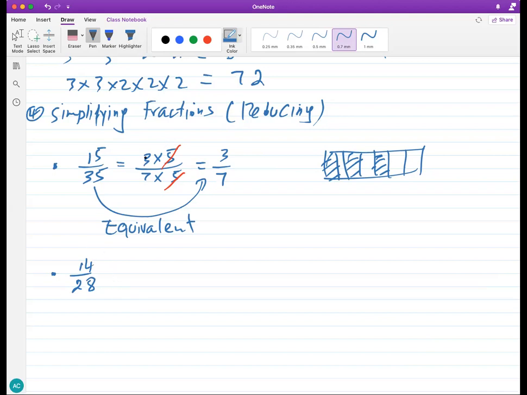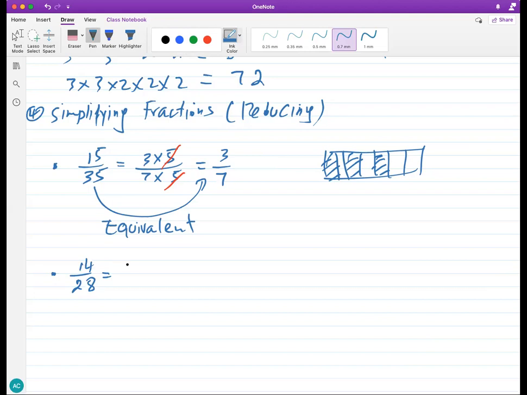So again, you can use factoring, break this down into all the prime factors. What's the largest number that can go into both? 2 goes into both, but it's not the largest. What else? 7. You can divide both by 7 right away and write your answer. Or you can do it the easy way.